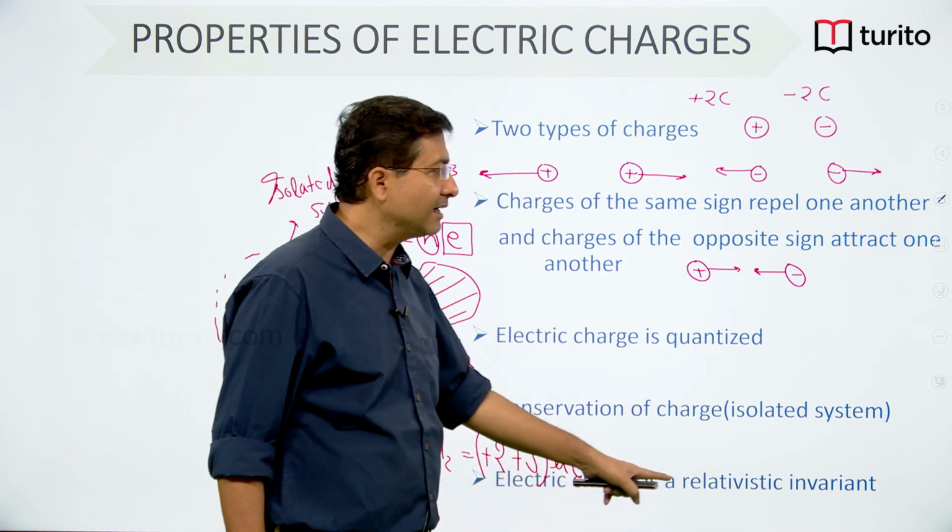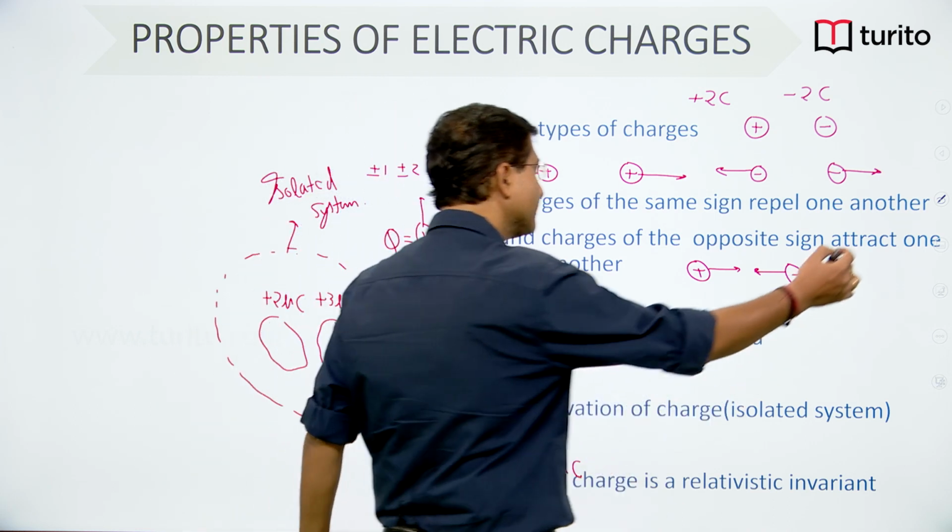Electric charge is a relativistic invariant. What does that mean?